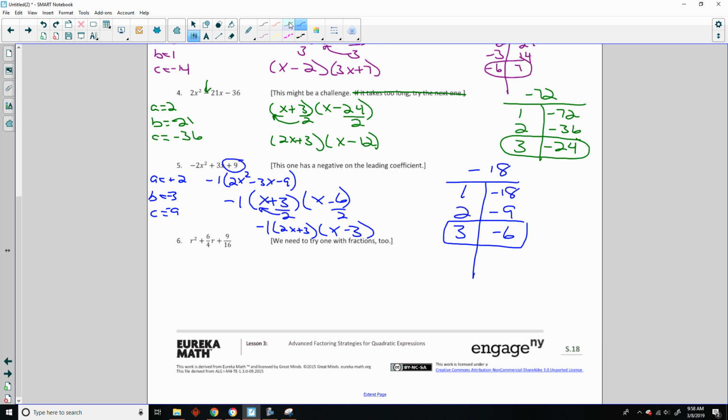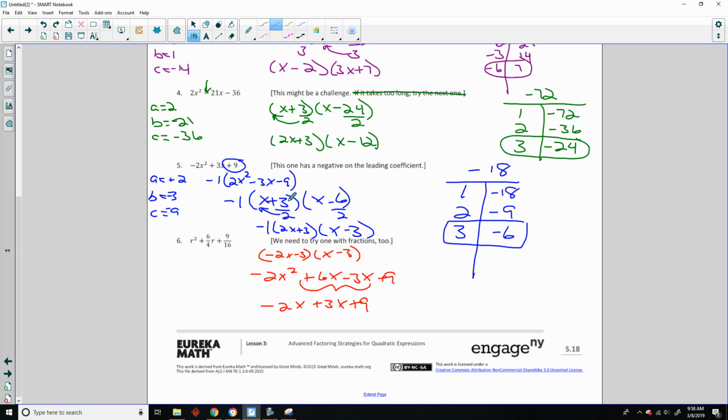So if I multiplied this by negative 1, I'd get negative 2x minus 3. And this would be left with x minus 3. When I FOIL that, I get negative 2x squared plus 6x minus 3x plus 9. And when I combine these two terms, I get negative 2x squared plus 3x plus 9, which is my original.